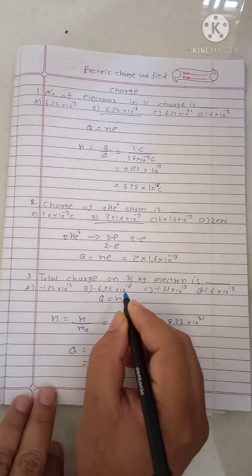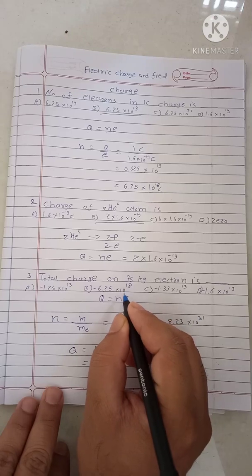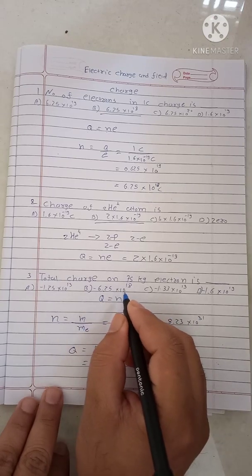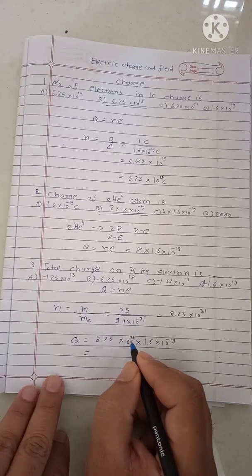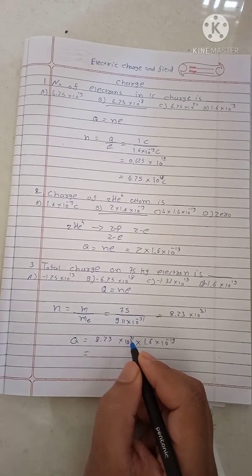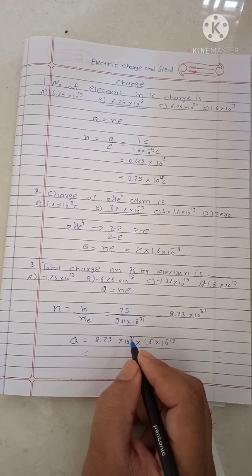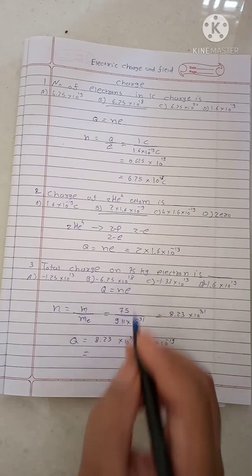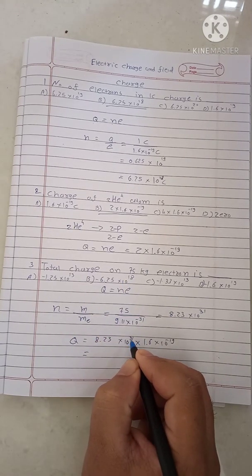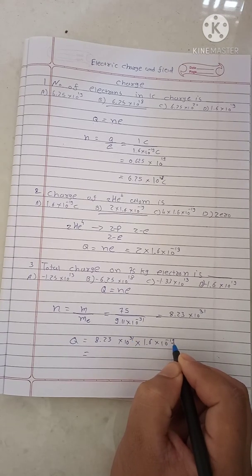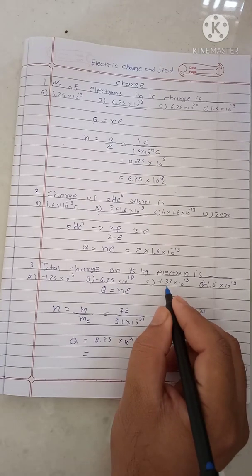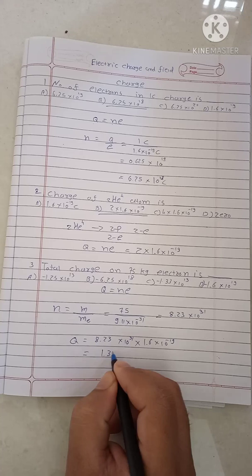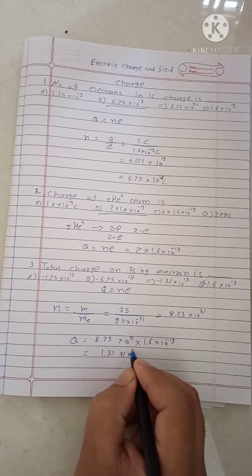Here you can see option B is 10 raised to 18, but from here we can't get 10 raised to 18, as this value is 10 raised to 31 and this is 10 raised to minus 19, so we get 10 raised to plus 12, and by simplifying we get 1.33 into 10 raised to 13.